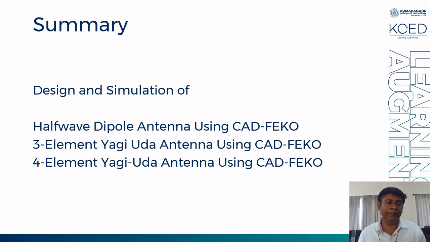So 90 percent of the project you can complete here itself, that is design, simulation, fabrication and testing, up to impedance characteristics testing, in our department itself. That itself is enough. Further, if you want to test the radiation characteristics, you can go to any one of the centers as I mentioned earlier. So with this I conclude the presentation. Thank you all.